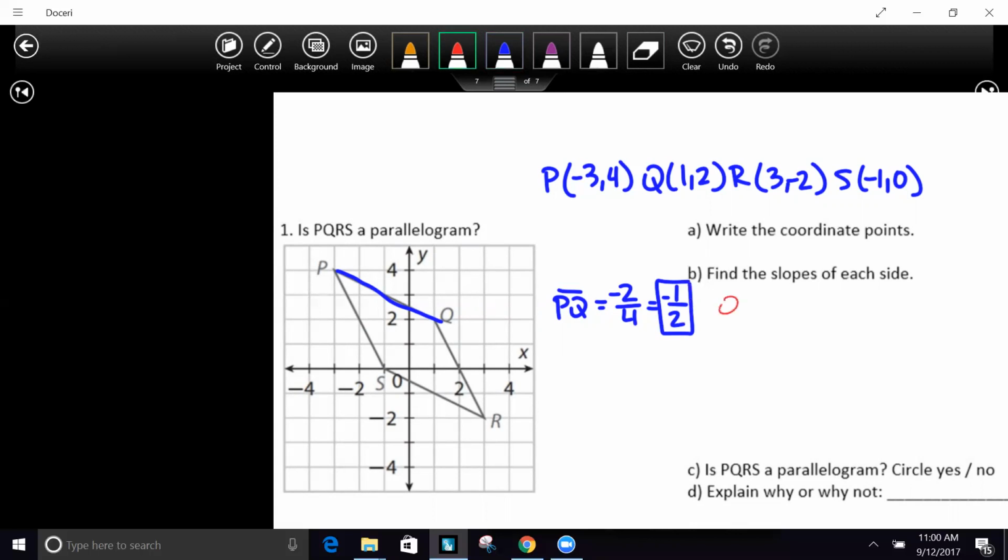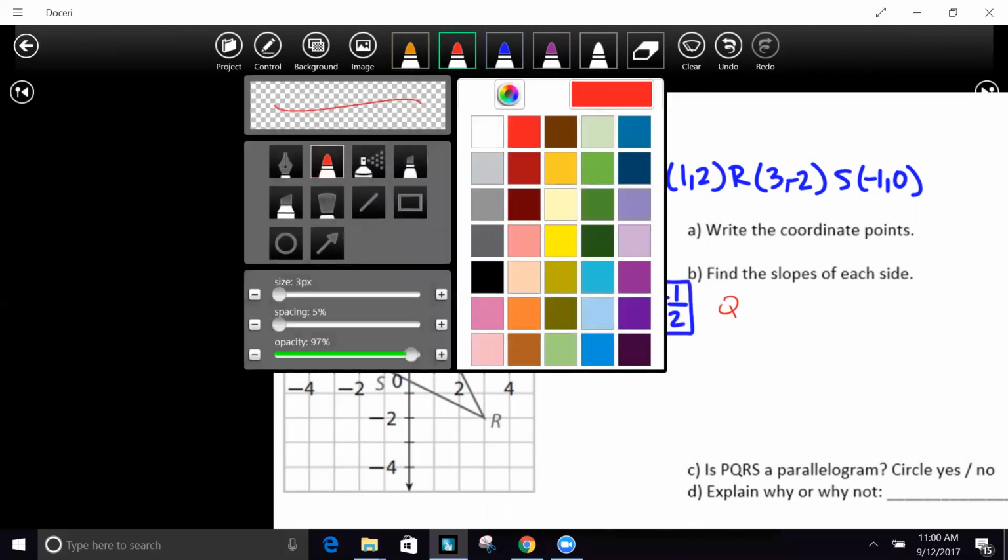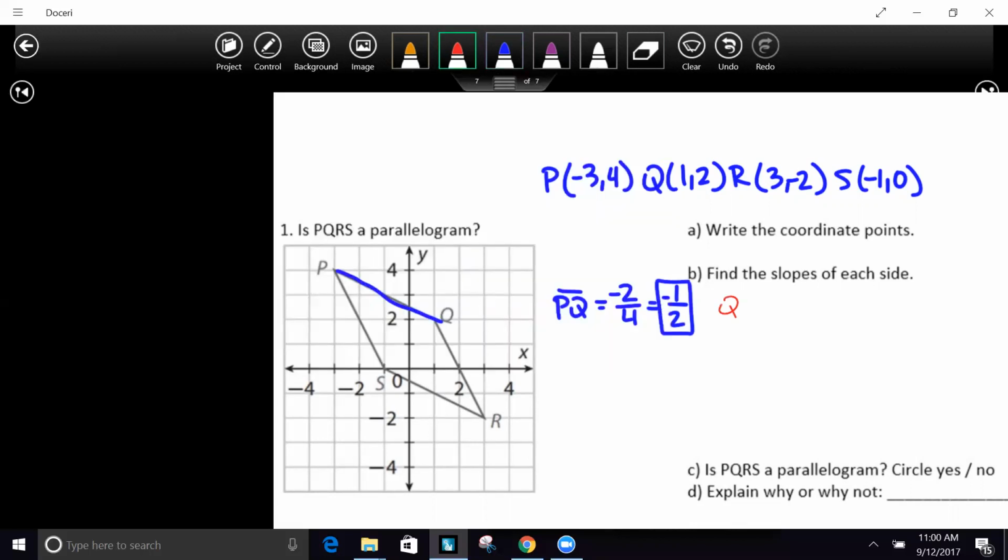Our QR, let me make that a little bit thicker. QR is our line down here, so I want to be able to find the slope between those two, which will be what? -4/2, or just -2.